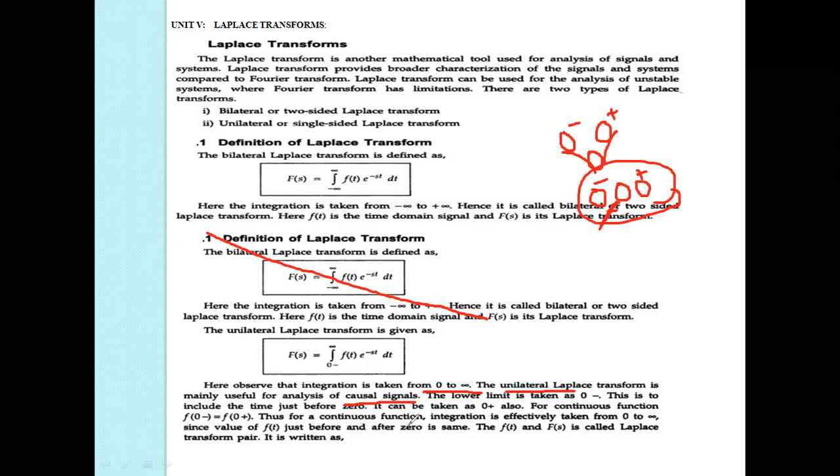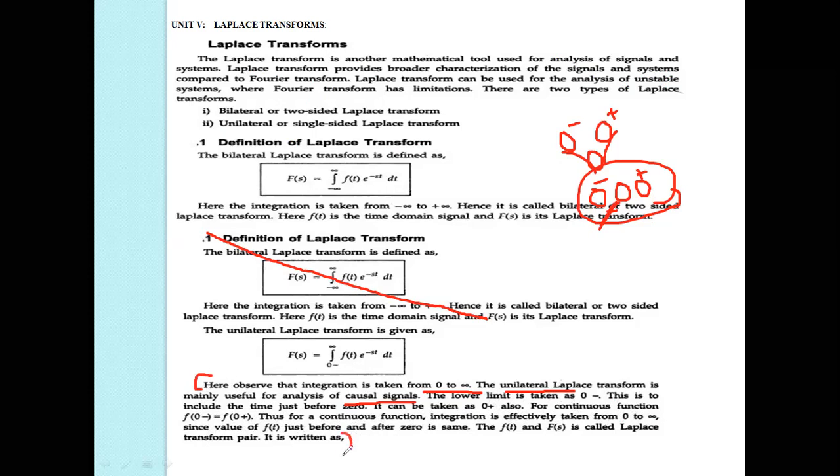Thus, for a continuous function, the integration is effectively taken from 0 to infinity, since the value of f of t just before and after the 0 is the same.